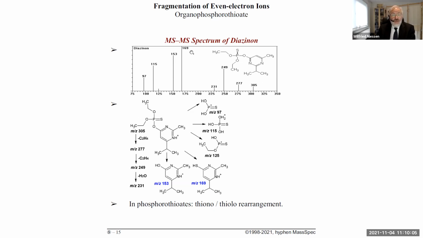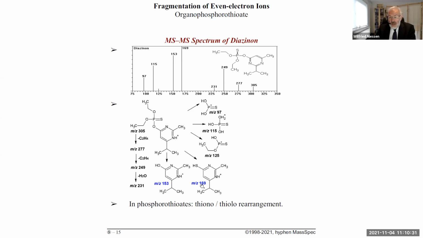And in the middle mass range, for all these organophosphorothioates, we see 2 fragment ions with an m/z difference of 60. The 153 is very easily explained, because if you cut the bond, do hydrogen rearrangement, and keep the charge at the ring side, you have the 153.